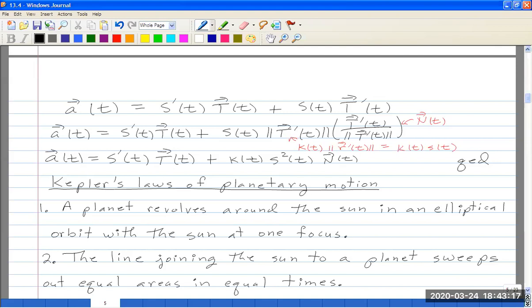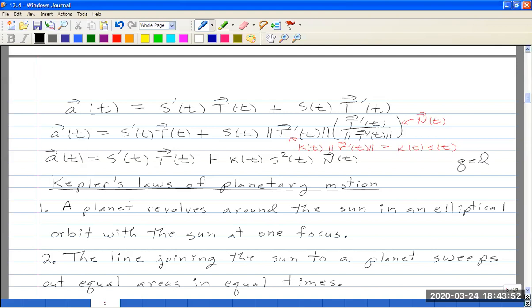So, Kepler's laws of planetary motion are: a planet revolves around the sun in an elliptical orbit with the sun at one of the foci. Here we're assuming that this is just a two-body problem. In the universe, there exists the sun and a planet revolving around the sun.